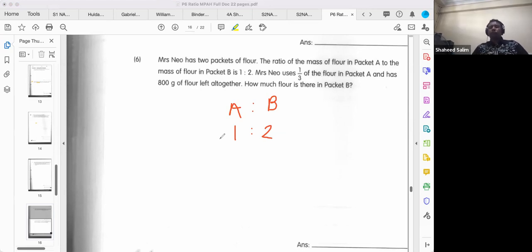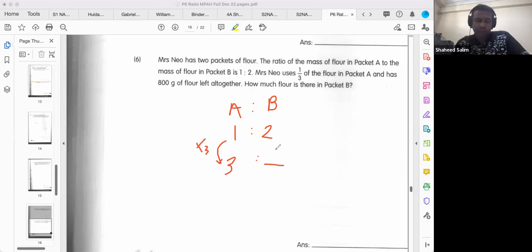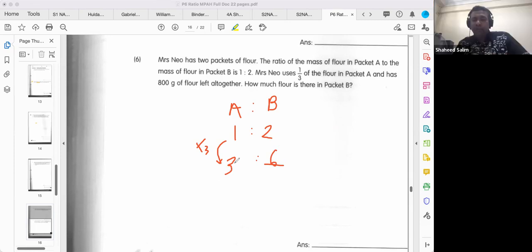So now, okay, I want to change this to 3 times 3. Can you tell me what's the answer here? I times 3 down here, times 3, what do you get? 3 to 6. Now when she used 1/3 of it, how much is left?